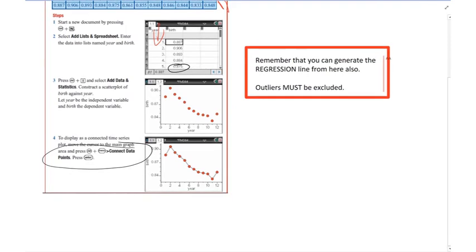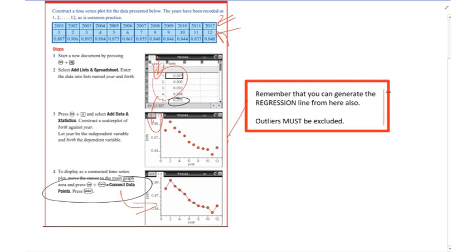Here's how you put all your information in. You've plotted it up, and if you want to join the dots, you put it in like this, if you want to display it as a connected time series.